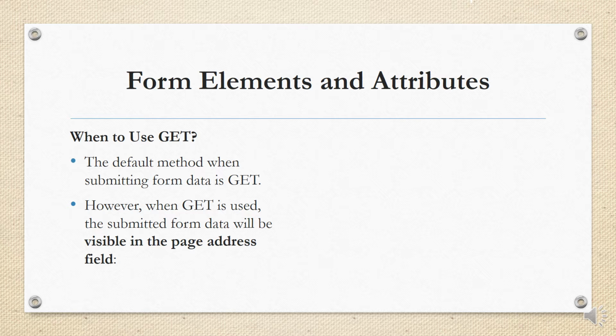When do we use get or post? There's a big difference, huge. So when we use get, we get the page address and it adds all the information we write inside a form, and we can see it in the page address.